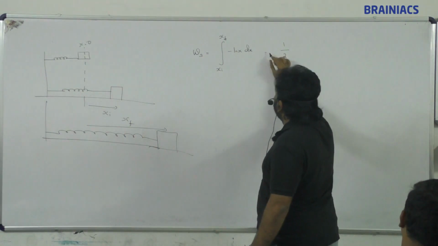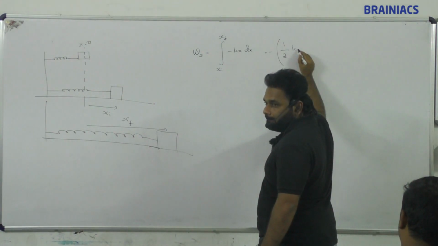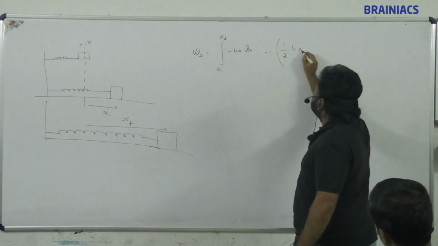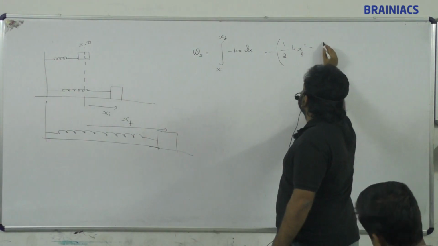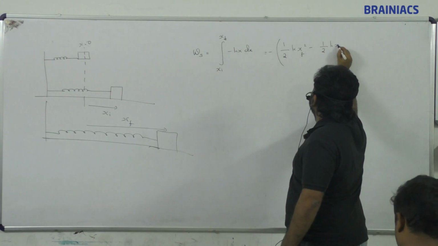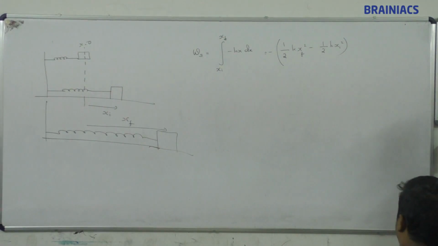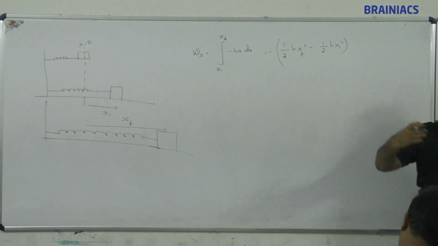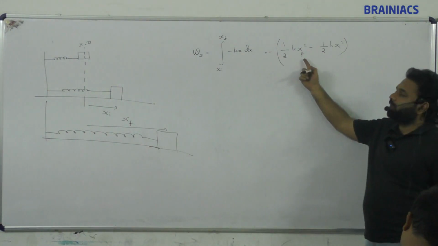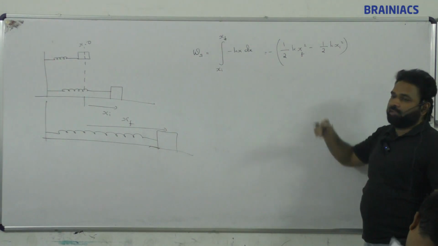Half, along with the negative, minus half k, here xf squared minus half k xi square. Correct? All are getting this? Okay. So this is the work done by spring force for getting an additional elongation. So directly you can put the initial displacement and the final displacement and get the answer.